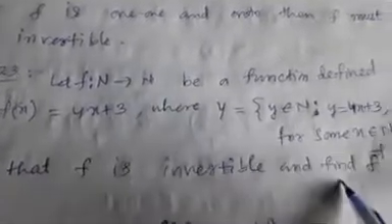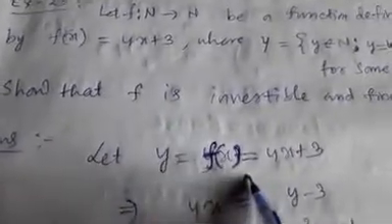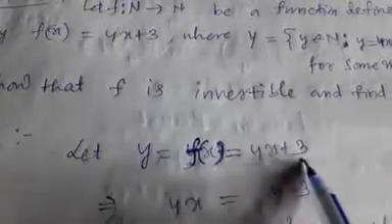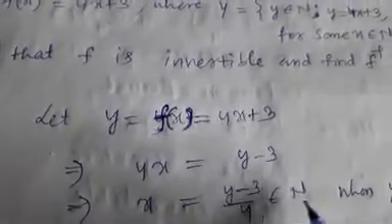So that f is invertible, and find f inverse. Answer: let y is equal to f of x, which is equal to 4x plus 3. So 4x is equal to y minus 3, x is equal to (y minus 3) by 4, which belongs to natural number when y belongs to big Y, that is the range here.